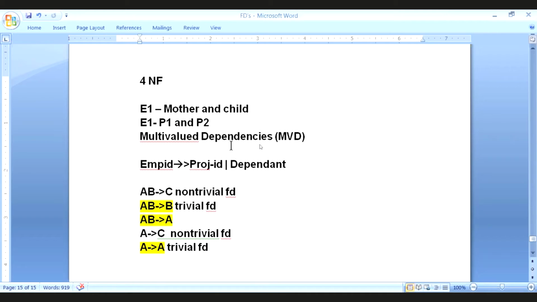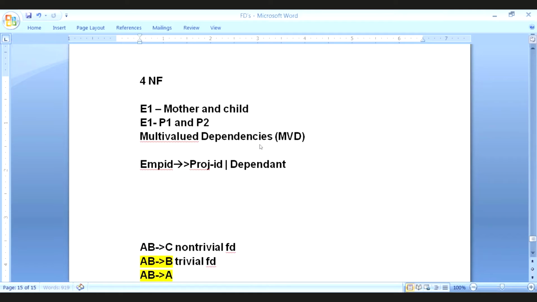Now let us come to MVD. The MVD that I wrote here is a non-trivial MVD. Then what is a trivial MVD?